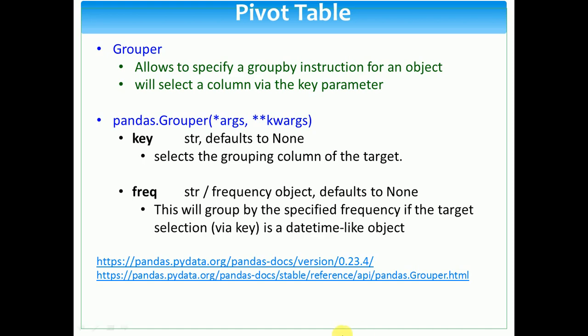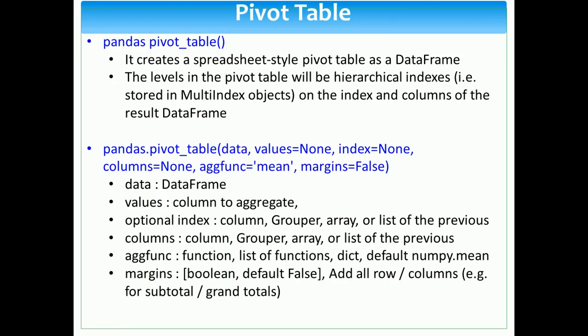You can read the details here; I have given you the links. We are going to make use of key, because it selects the grouping column of the target. And then frequency. I told you there is a group of data, and the criteria is what we specify as part of the frequency. When you do that, it works on a datetime-like object. So the prerequisite for using a grouper is that you need to convert the column into a datetime-like object. That is what the grouper is about.